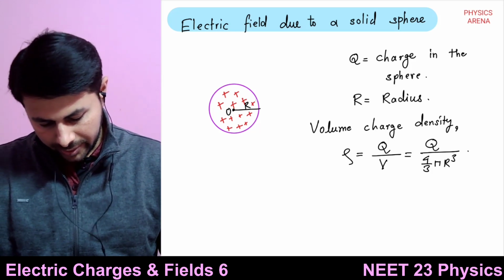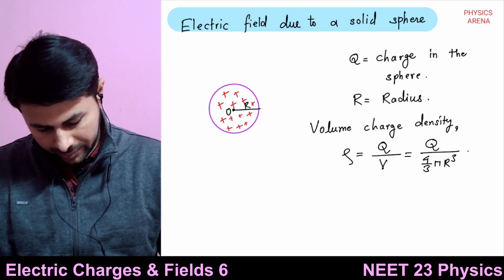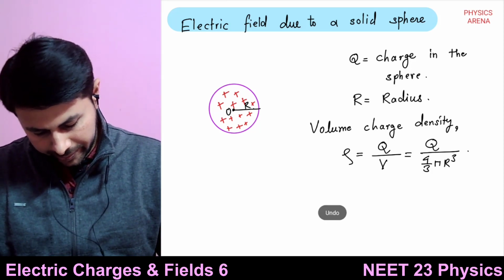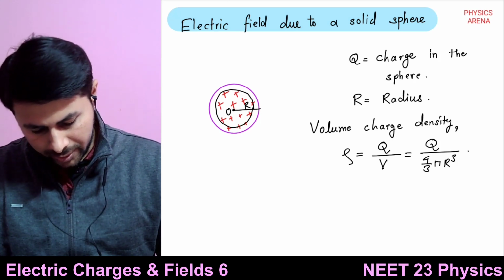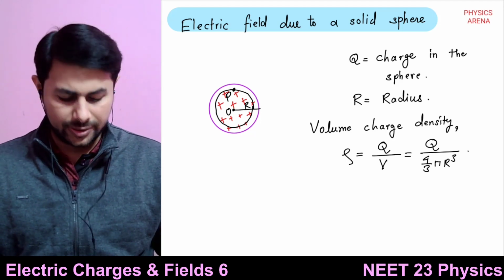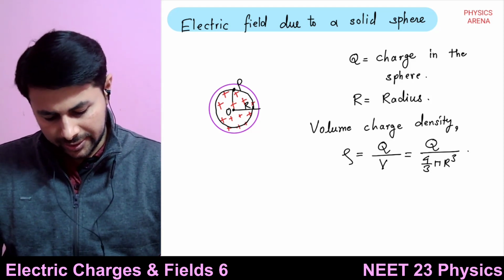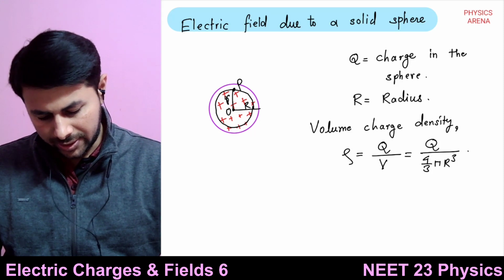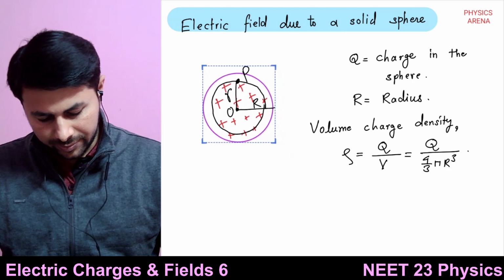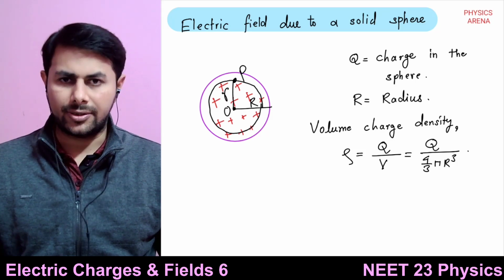So let me draw a Gaussian surface. All right. So this is suppose point P, which is inside the sphere. This is point P, and it is at distance small r. Can you see this? It is at distance small r from the center.